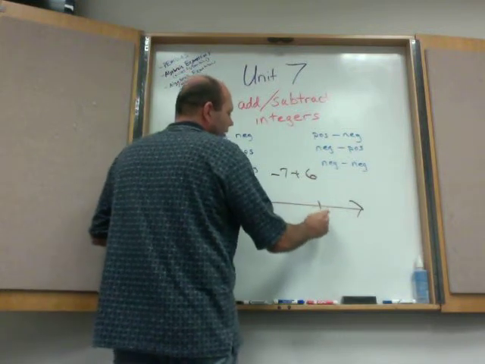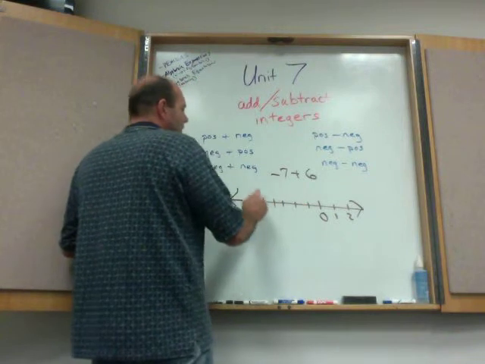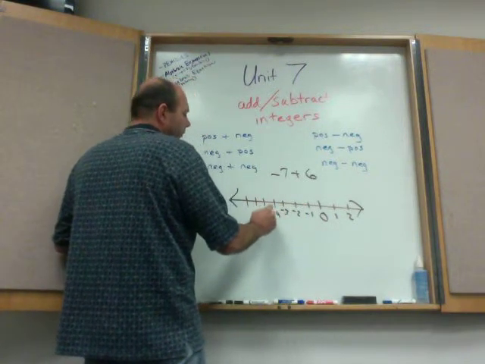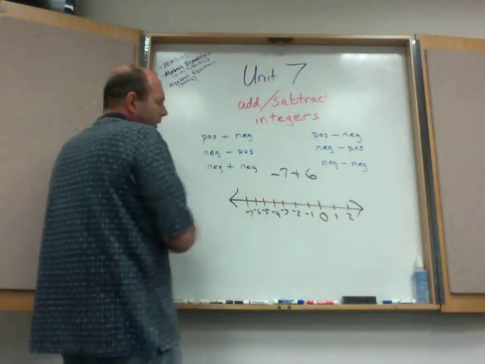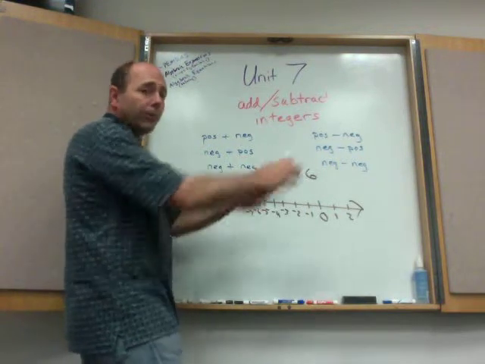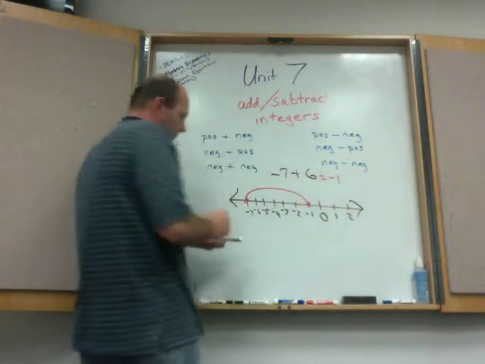Here's my number line, 0 through 7 and negative 1 through negative 7. I'm starting at negative 7. Quite simple. I'm adding 6, so I'm moving 6 to the right. Here we go. My answer is negative 1.